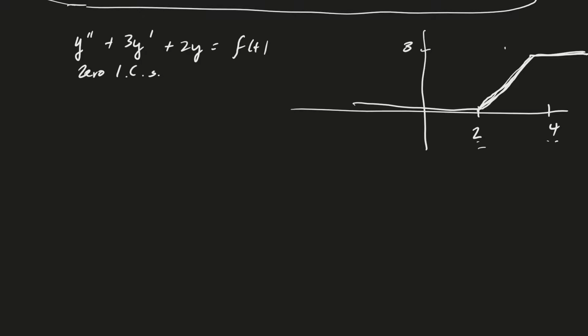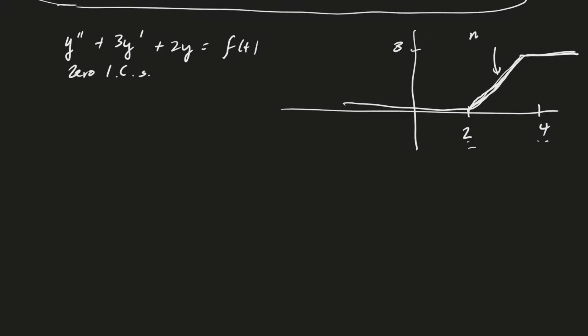So let's see if we can find the equation of this line segment here. The slope looks like it's 3/2, and if it goes through a point like (2, 0), we could write y minus 0 is equal to 3/2 times t minus 2. And so what do we get? y is equal to 3/2 t minus 3.